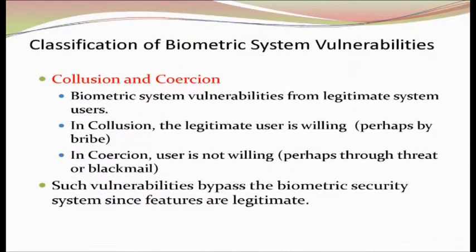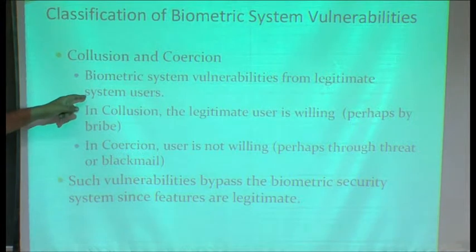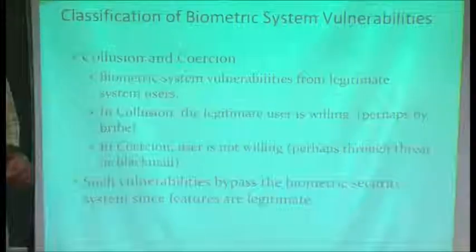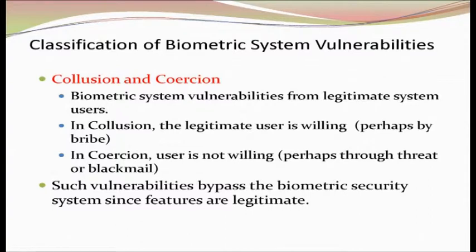Collusion and coercion. Now, collusion, remember this one thing, occurs from the legitimate user only, right. Sometimes the legitimate user also wants to break the system. So, what are the possible cases? In the case of collusion, he is willing to get rejected. I want to provide my data in such a way that I get rejected, right.